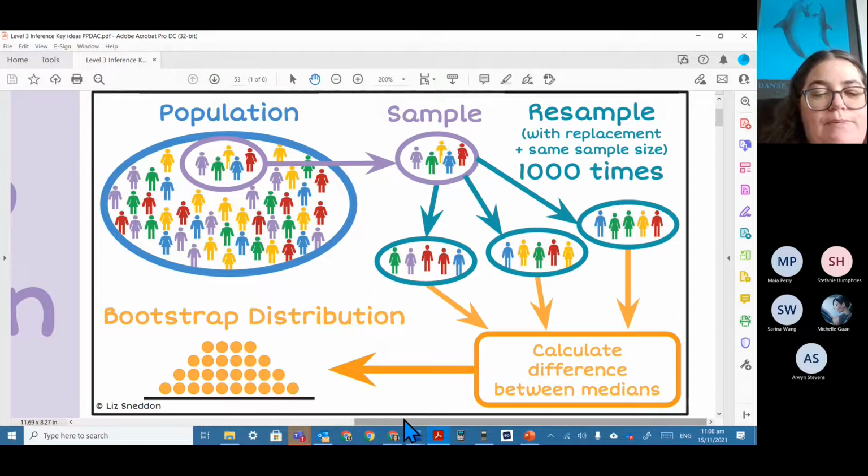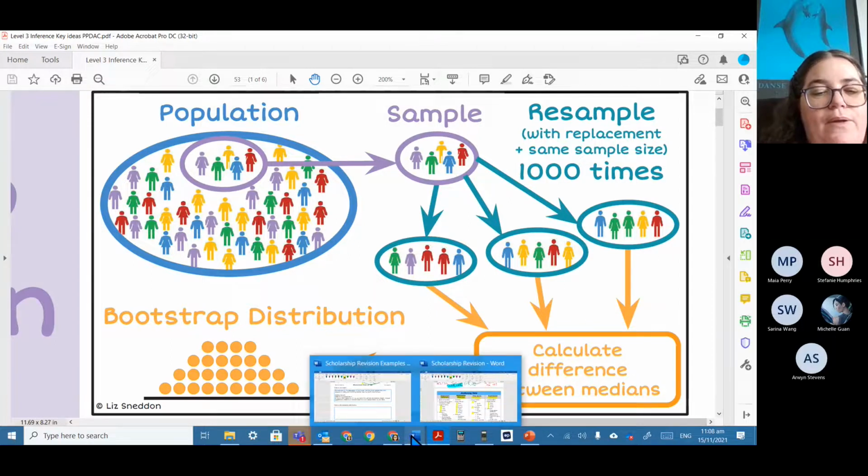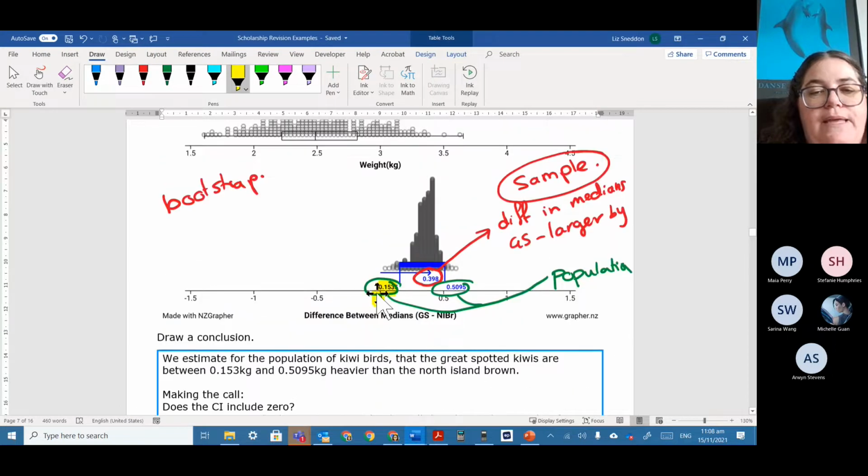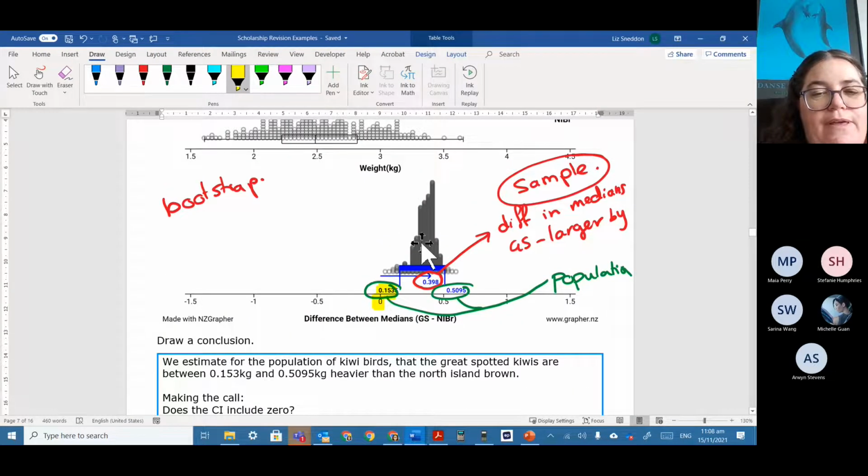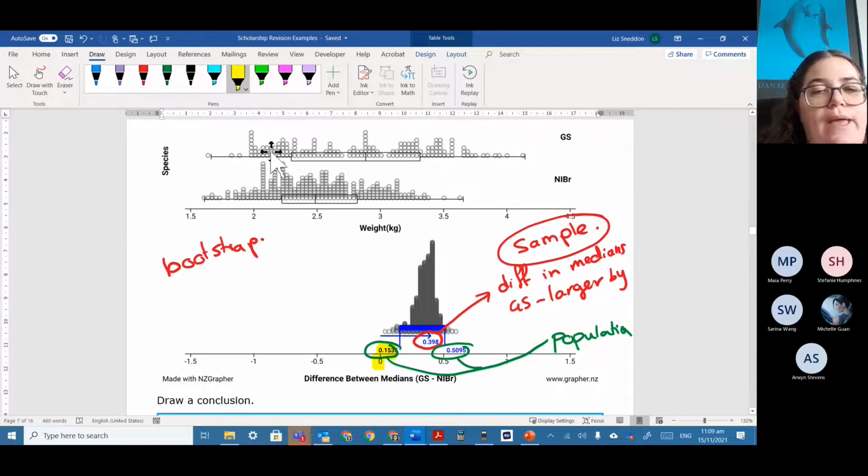So that bootstrap distribution graph, that's the one we've just had a look at here. There are 1,000 dots on this graph, and each dot on that graph is when they've gone away and resampled from all of the data there and calculated the difference in that median, plotted that, then taken a new sample.